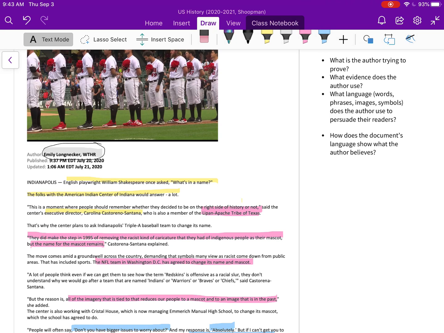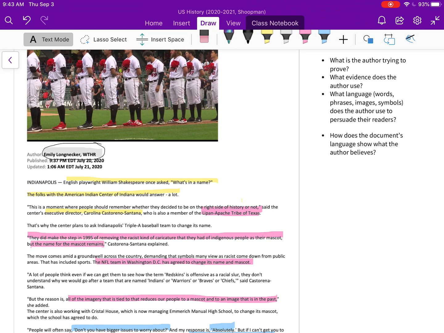I also highlighted the information that the NFL team, the Washington football team now, they were formerly the Redskins, agreed to change their name. So if a big team within the NFL can change their name, it would make sense that a AAA baseball team would do the same.